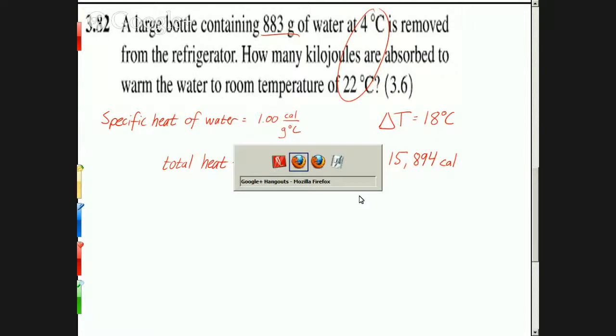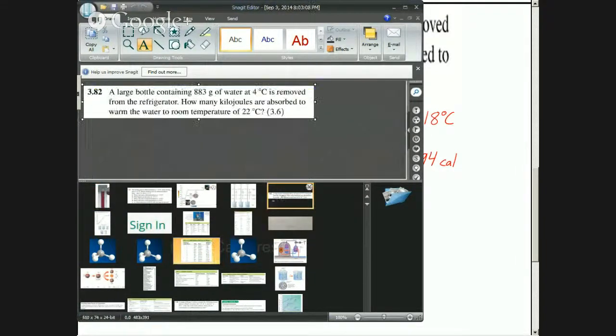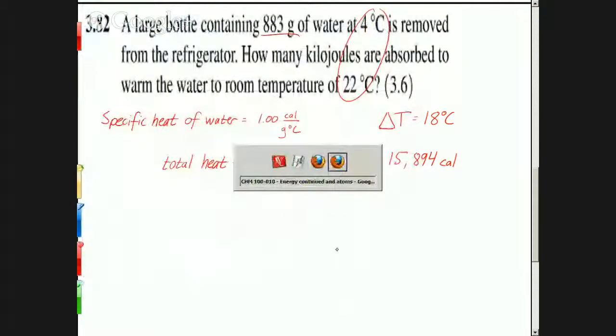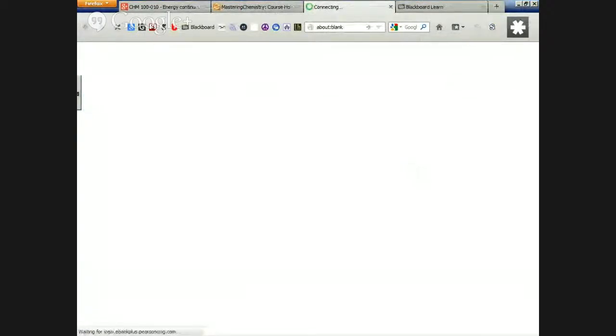In fact, let's take a look at that. I think I've got a table somewhere here. Nope. Nope. Maybe not. Okay. I will find it. Let's pull up our book.